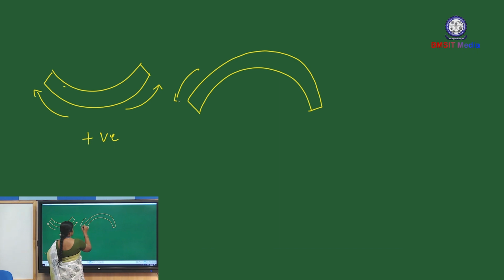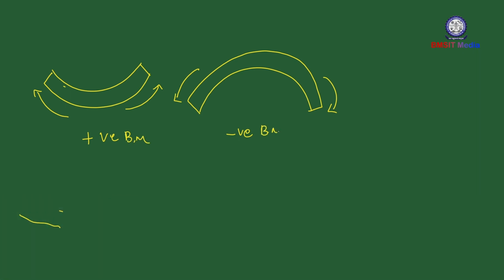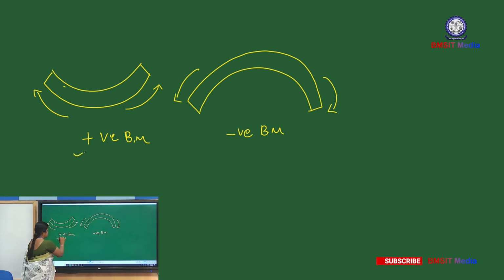Left side anti-clockwise moment and right side clockwise moment. This type of moment always produces negative bending moment. All the transverse loads produce positive bending moment. Always end moments produce negative bending moment.